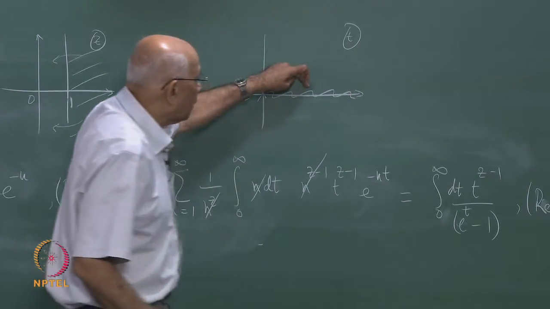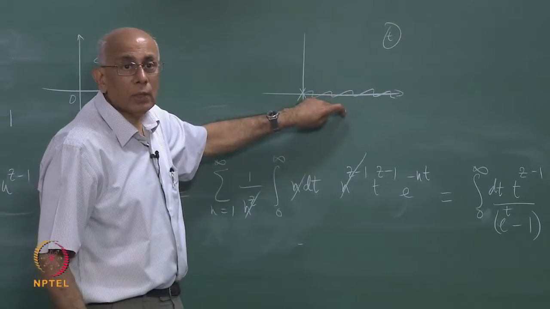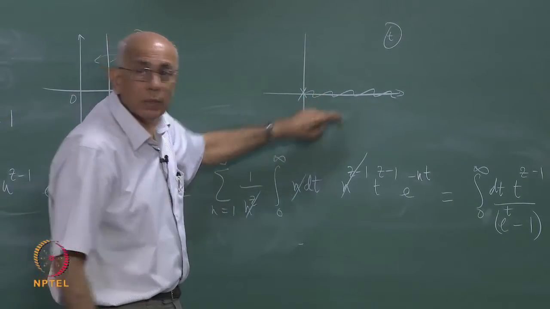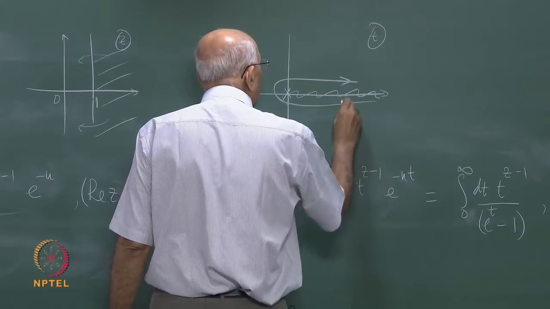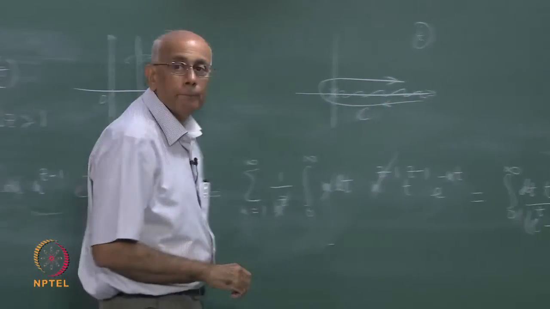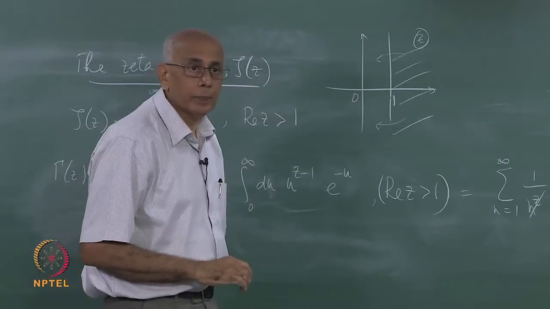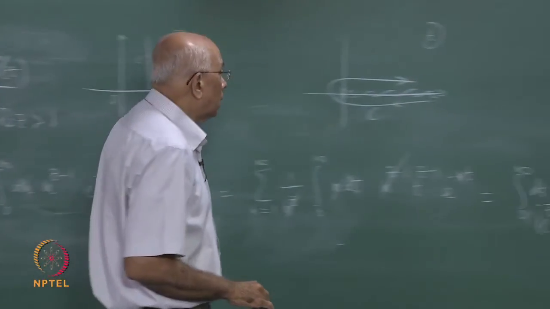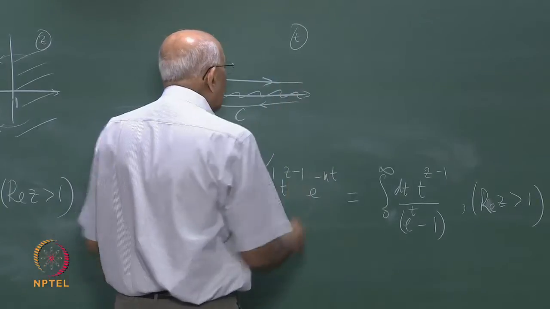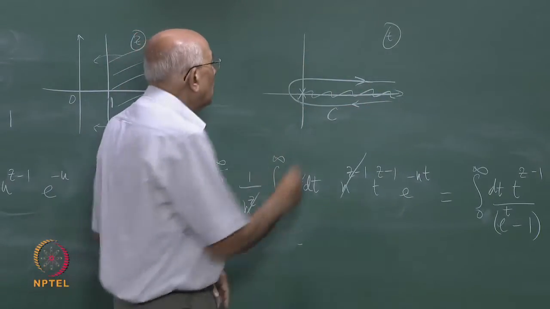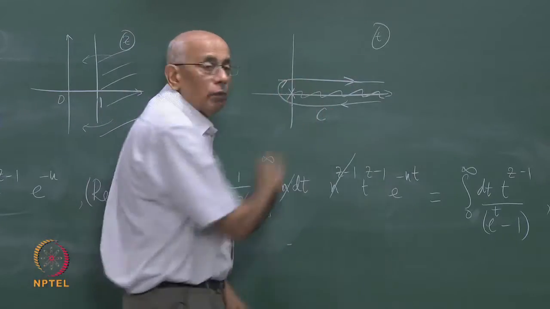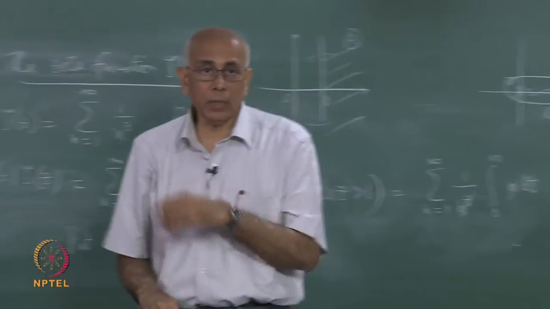The phase of the function is 0 here, it is e to the 2 pi I z here. So I consider once again this hairpin contour, going below the cut from infinity to 0, going around 0 in the negative sense, and then going off to infinity once again just above the cut.